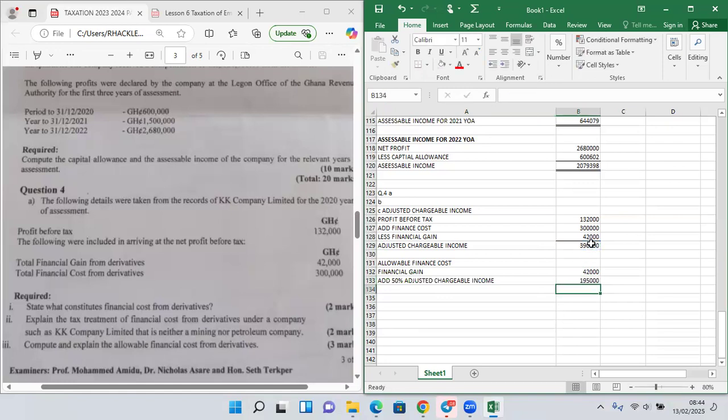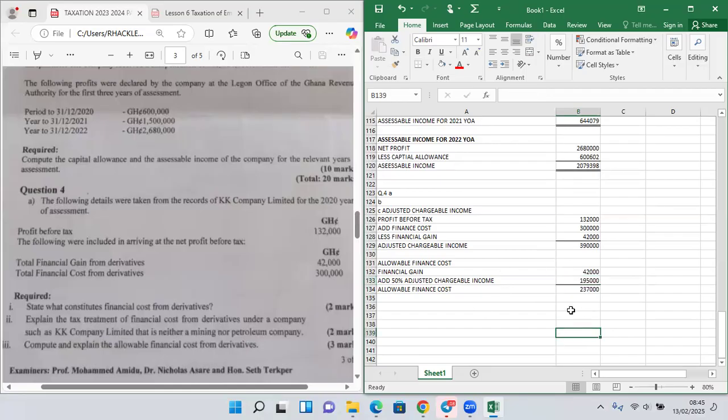Yes, adjusted. So our total allowable would be equal to, all right. So this is it here.